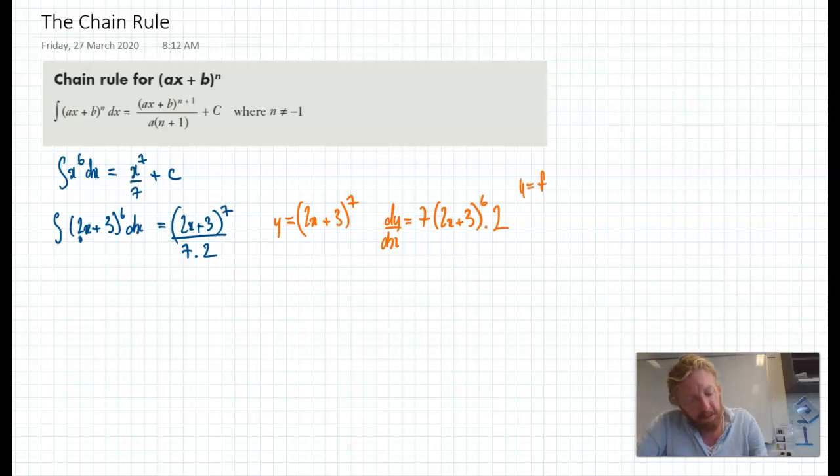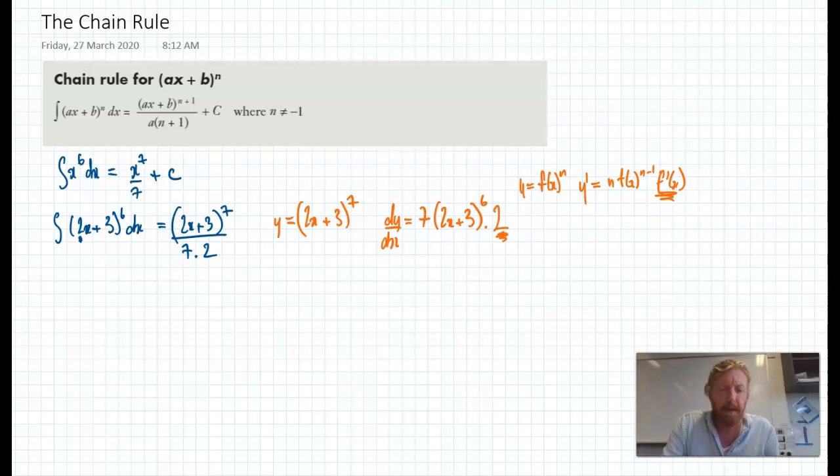If y equals (f of x) to the n, then y dash or dy dx equals n times (f of x) to the n minus 1, and then I had this derivative that gets spat out. That's the derivative there that gets spat out. So in this example I can say if this is the derivative of this, then this is the integral of this.